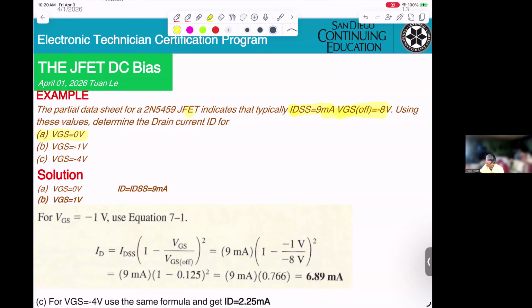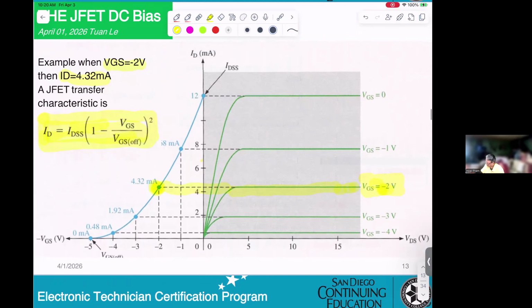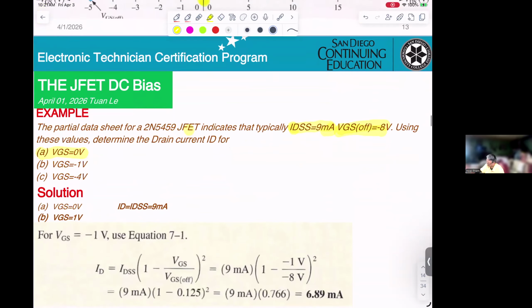First, for VGS equals 0, the current ID equals IDSS.